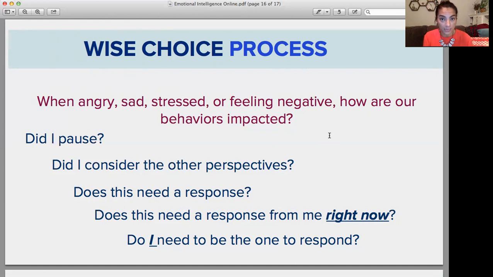Some of these reactions could be when we notice the grade we got on a paper or on an exam, and our first reaction is to get down on ourselves, judge ourselves, or judge the instructor, or judge the assignment. Or maybe we don't even have a big reaction, but we carry that energy when we get home.